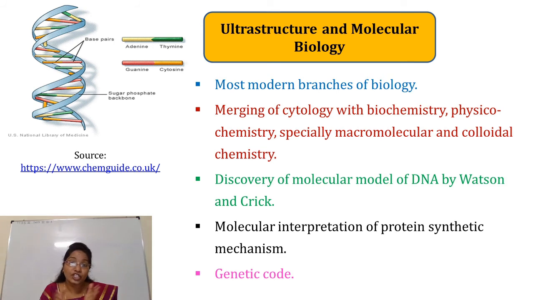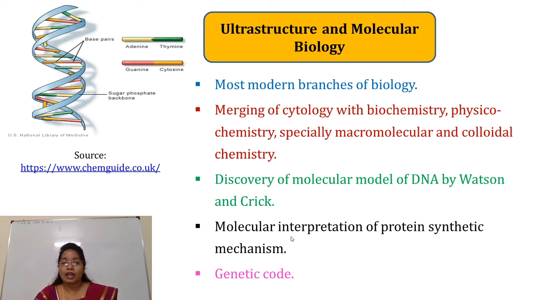With the merging of these different types of sciences, the output is very beneficial. For example, the discovery of the molecular model of DNA by Watson and Crick. This is the DNA structure discovered by scientists Watson and Crick. This is possible due to the ultrastructure and molecular biology branch.